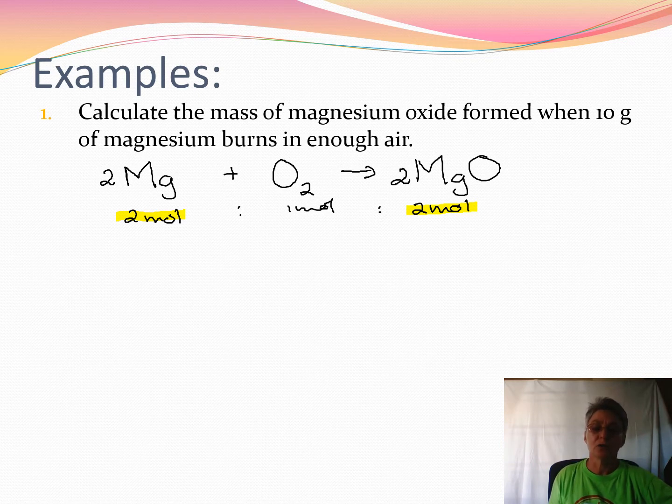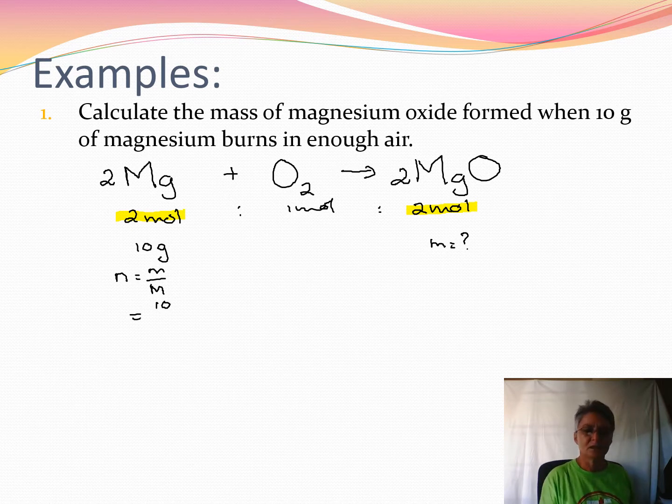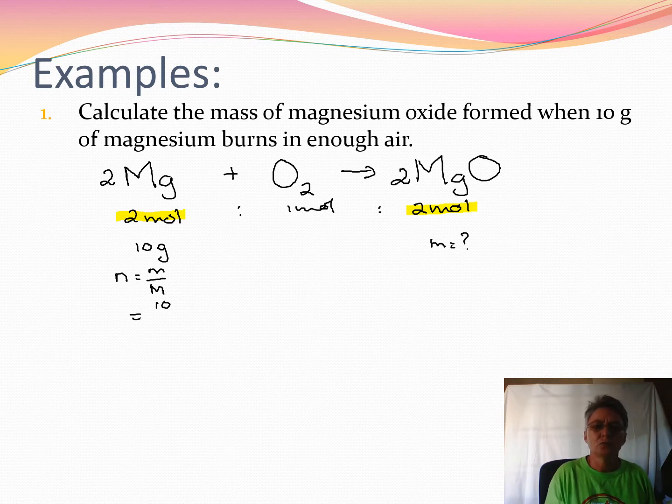Then we go to what they have given and what they have asked. So they give us 10 grams of magnesium and they ask us the mass of the magnesium oxide. To change the grams into moles, we need to say mole is mass over molar mass, so it would be 10. Now the molar mass of magnesium on the periodic table is 24.